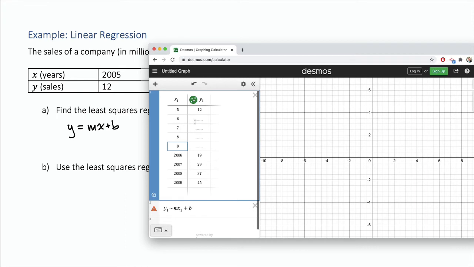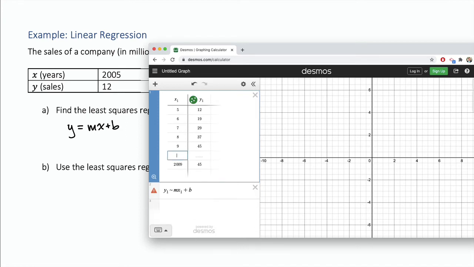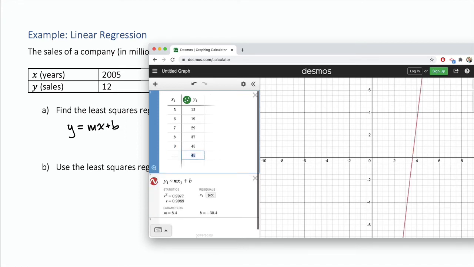Okay, put in our data and make sure that it's all showing up exactly how it's supposed to be. So this is in years since 2000, and this is sales in millions.